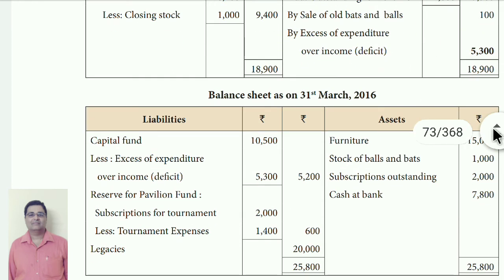This 5,300 we have to deduct from the capital fund, so you'll get 5,200. Add all this amount, you'll get 25,800. So your balance sheet is tally. Very good, student. Now you understand the sum. Very good.